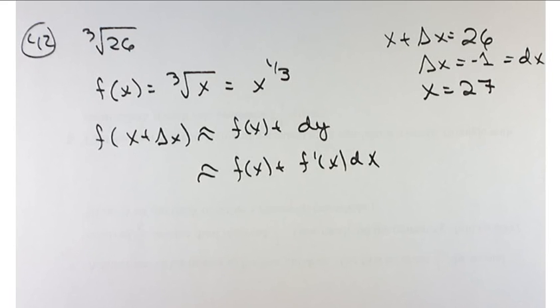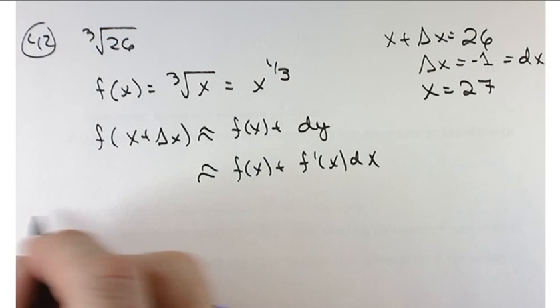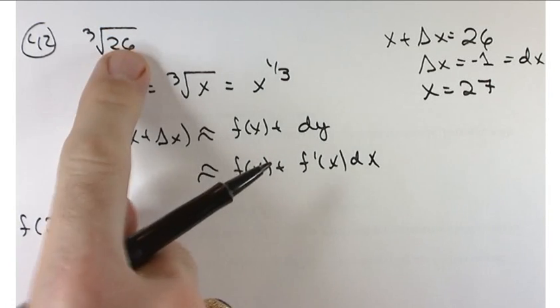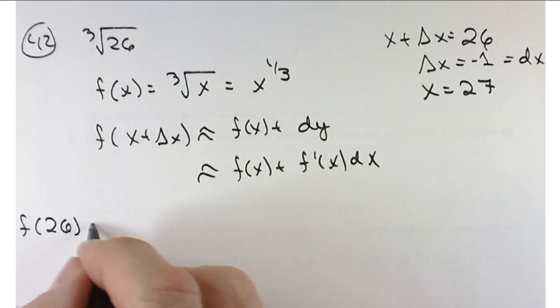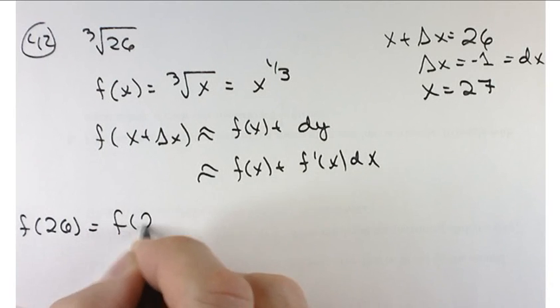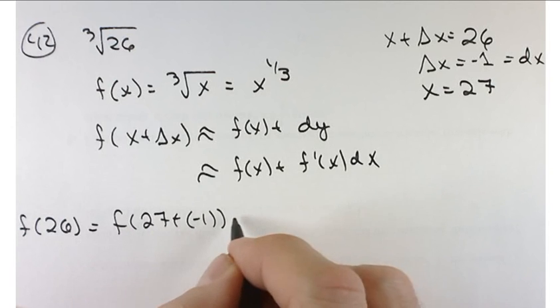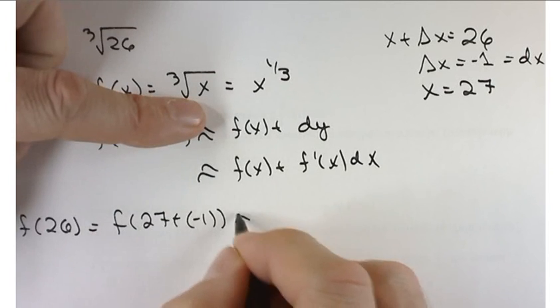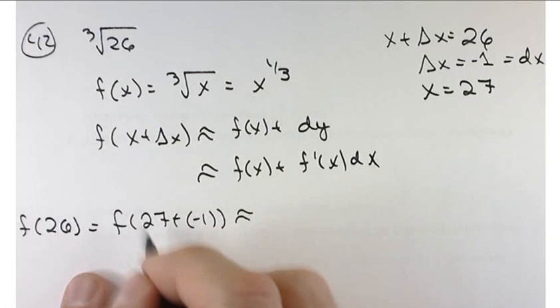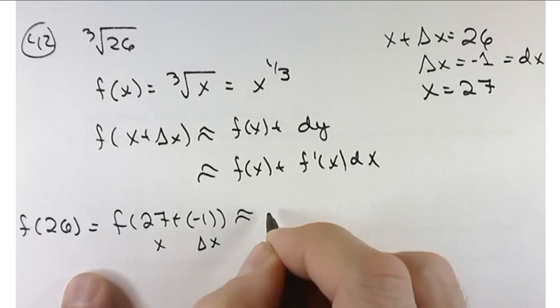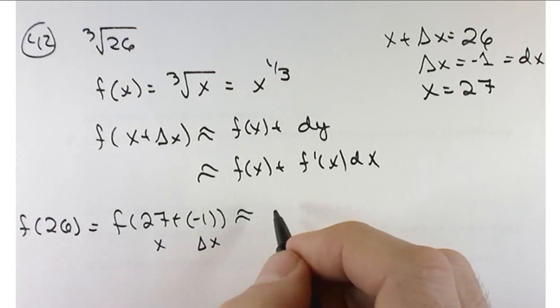So how does that help me here? Well, f of 26, which would be the cube root of 26, is the same thing as f of 27 plus negative 1, which is approximately, well, here's my x, here's my delta x, or dx.